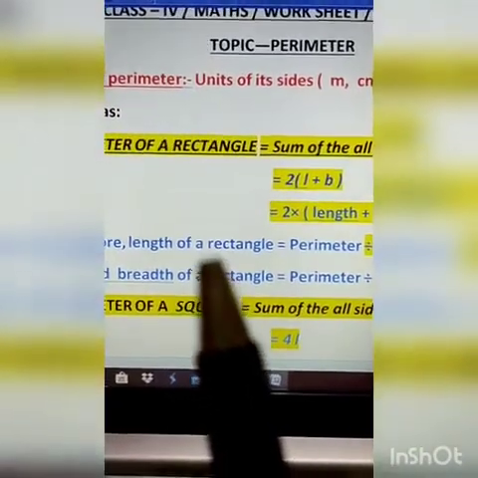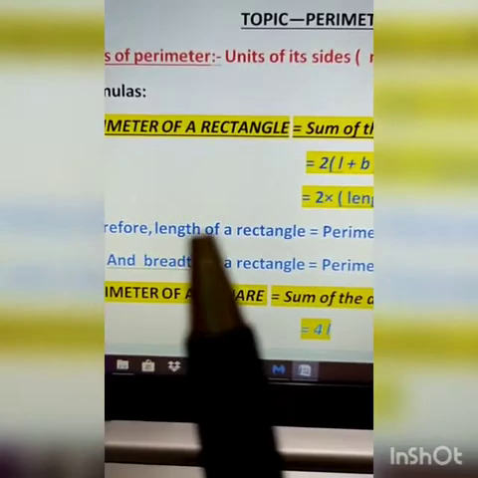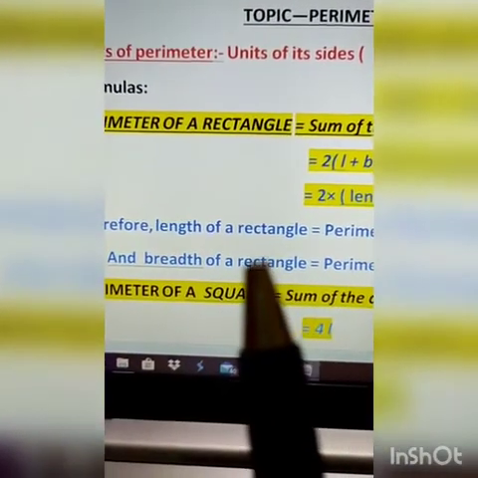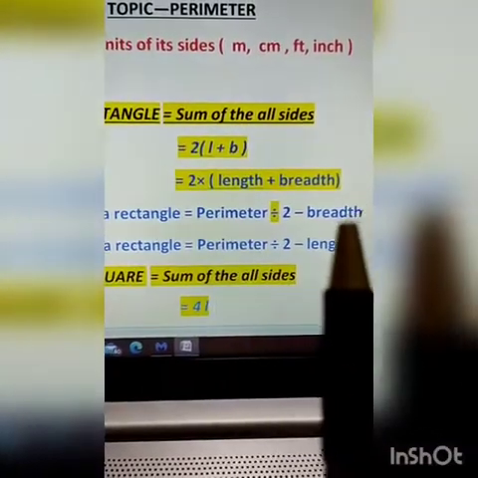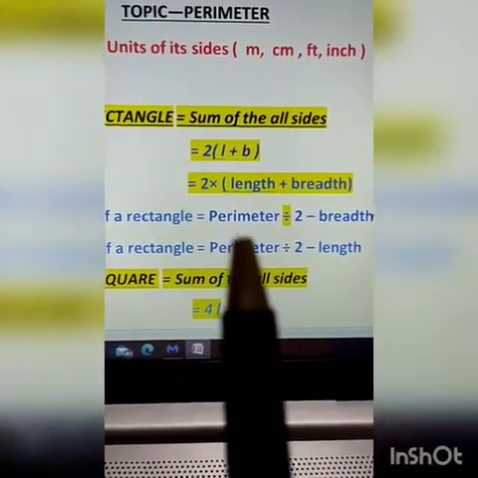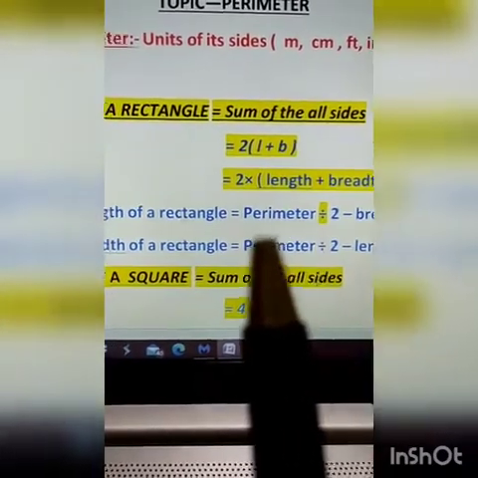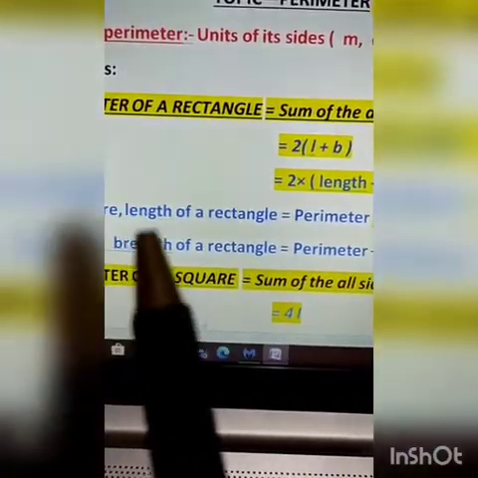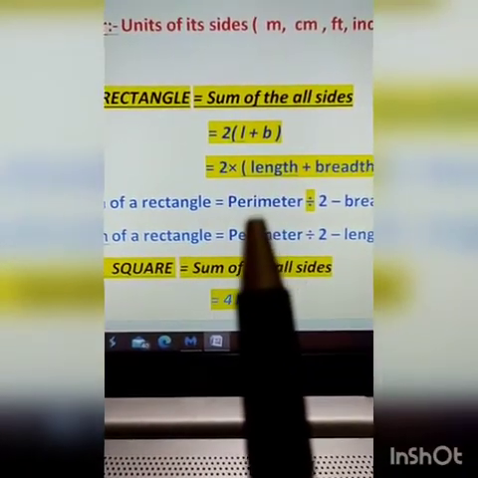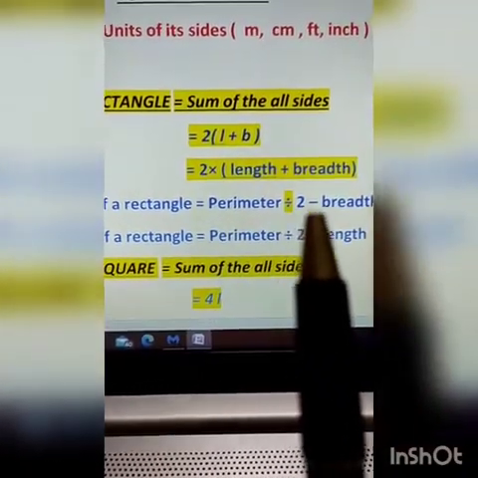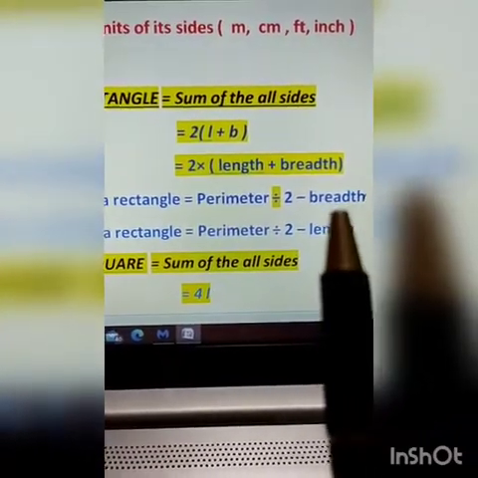Now, if the question is like that, you have to find out length of the rectangle and perimeter and breadth is given in the question. Then how can you find out? In that case, formula of finding length of a rectangle is equal to perimeter divided by 2 minus breadth.